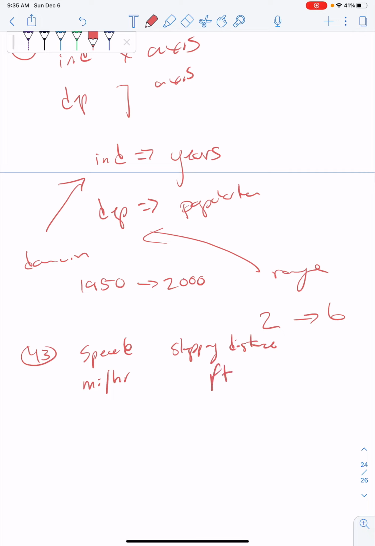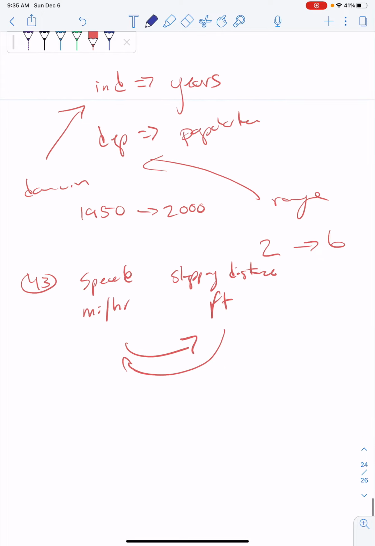Okay, so it doesn't tell me which is which, but if I look at this, is my speed going to affect the distance it takes me to stop? Or is the distance it takes me to stop going to change my speed? Clearly, your speed is the independent and your stopping distance is the dependent, because stopping distance depends on how fast you're going.